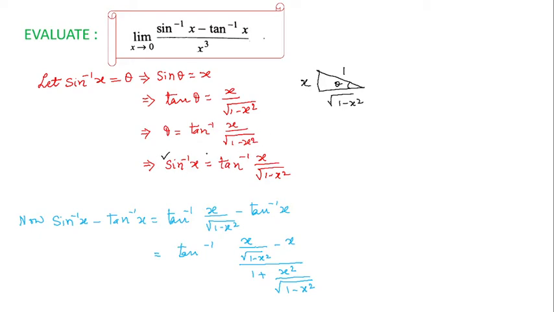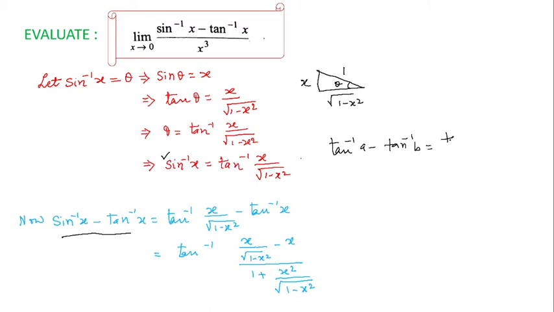and hence sine inverse x is converted into tan inverse of x upon under root 1 minus x square. Now sine inverse x minus tan inverse x. We have just put the value, and we know the formula tan inverse A minus tan inverse B. How much?